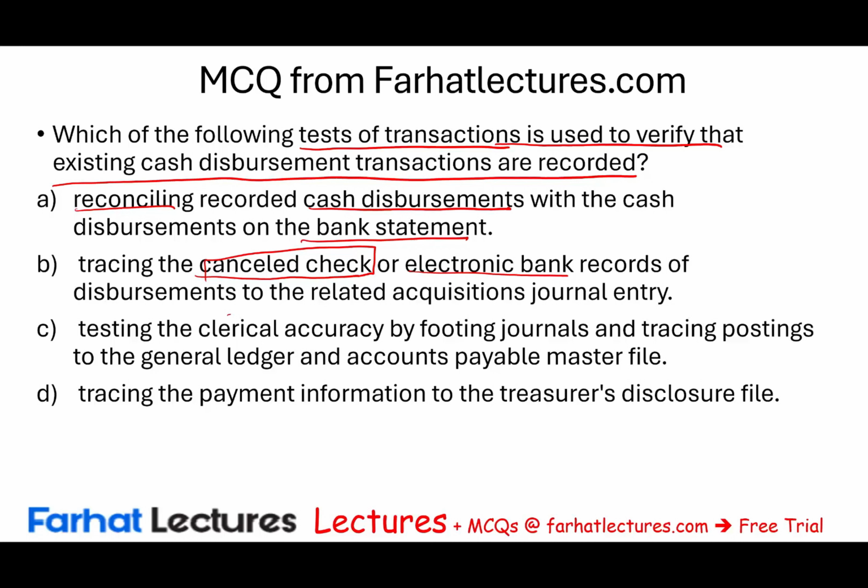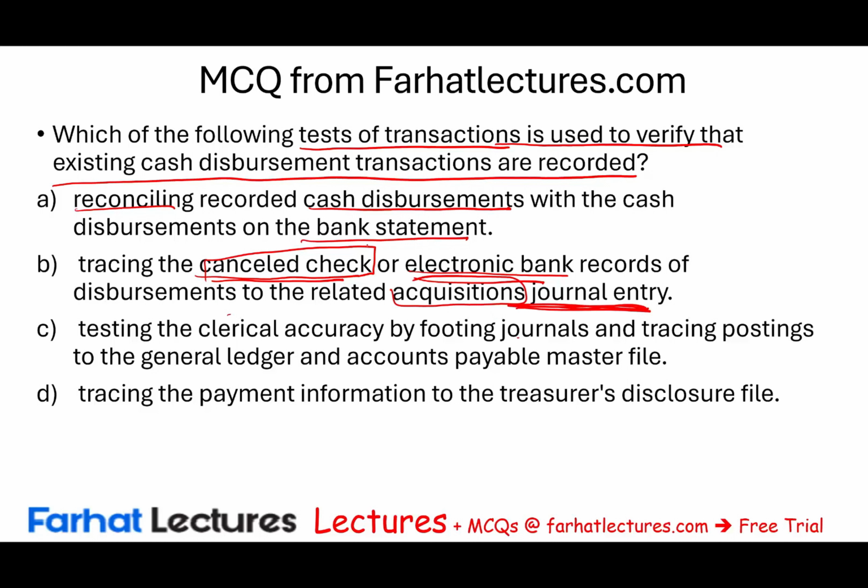And now we're looking at the acquisition journal entry to see if that one is recorded. Okay, let's look at the question again. Which of the following tests is used to verify that existing cash disbursement transactions are recorded? Is this an existing one? Yes. Canceled checks, electronic bank transfers, they do exist. Are they recorded? Let me take a look at the journal entry to make sure they are recorded.